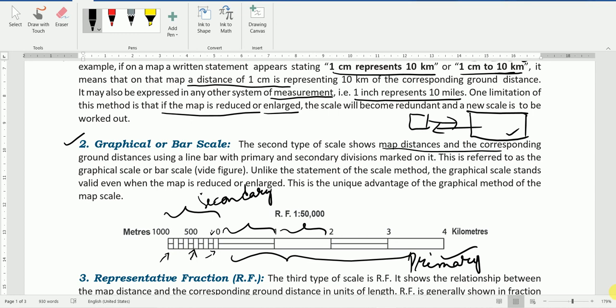See here 0, 1, 2, 3, 4, 5. That means each division represents 100 meters: 100 meters, 200 meters, 300, 400, 500, and so on, up to 1000. So this is another method of representing map scale.